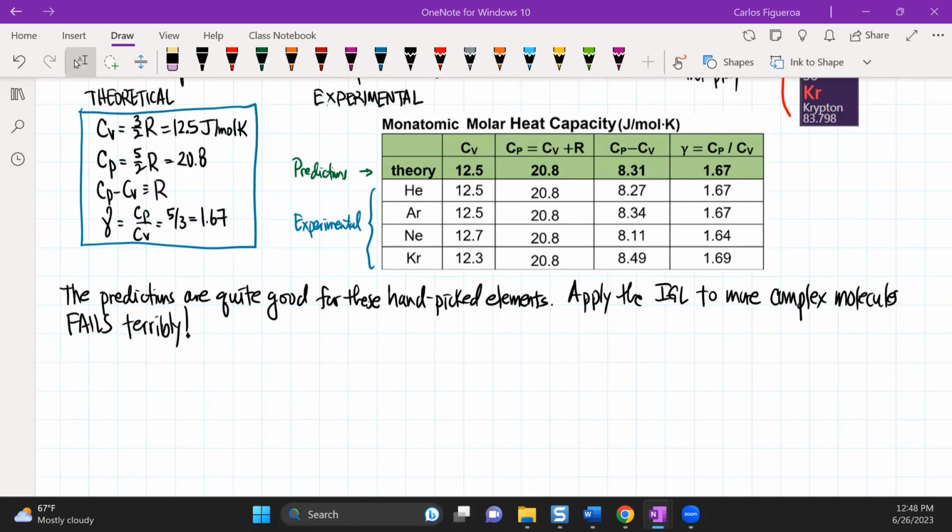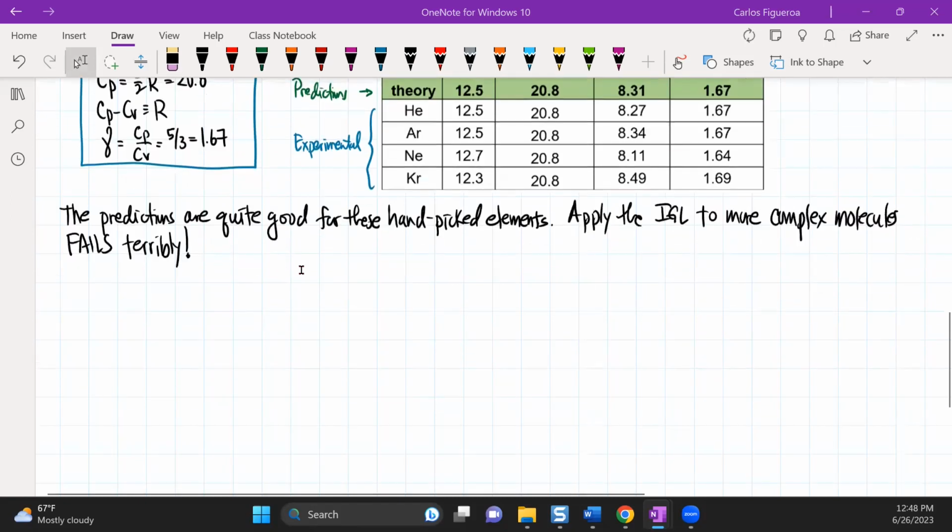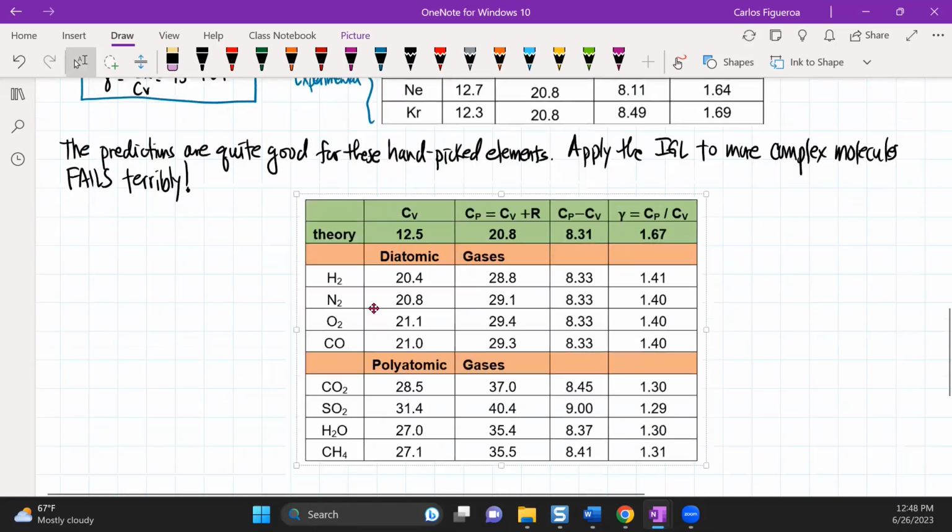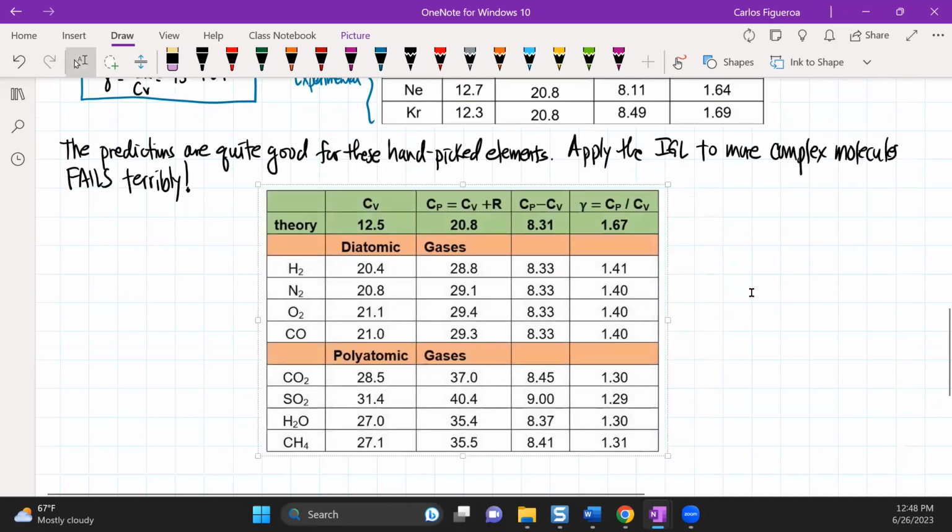Ideal gases are not diatomic or polyatomic. So if I put in this table, you can see that this is what we call a diatomic. So what do we mean by a diatomic? That means we essentially have two atoms that are kissing. And then these other ones are polyatomic, and those are more complicated.